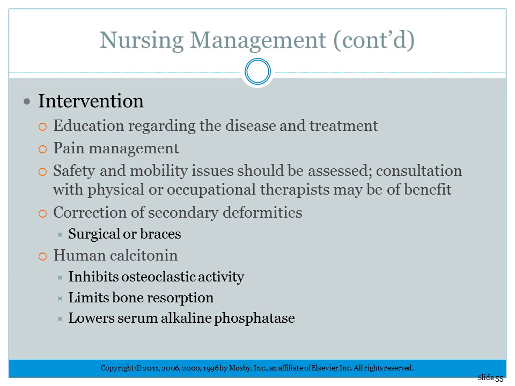And human calcitonin has been shown to provide some relief with the increased activity of the osteoclasts that's associated with Paget's disease. It also can be positive in terms of limiting bone resorption, and it'll also lower the serum alkaline phosphatase. So human calcitonin is an appropriate method of treatment for consideration as well.